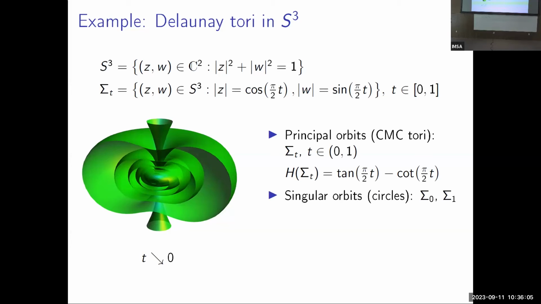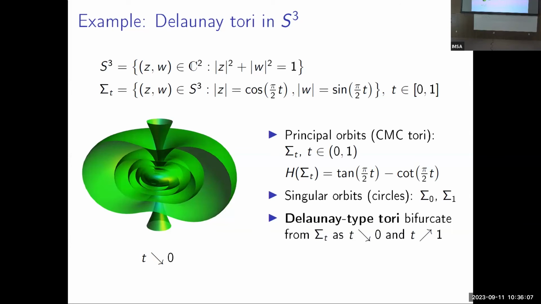And you have these two singular orbits. As t goes to 0, we have Delaunay tori also in spheres, okay? And we know that they cannot be invariant by rotation because the only tori invariant by rotations belong to this family of, by the way, these are called Clifford tori.